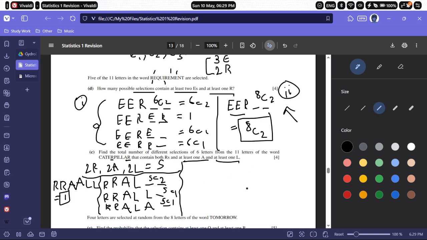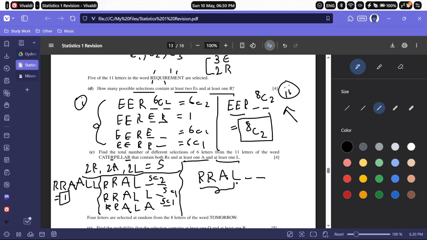Or we can use the same concept like we did in the previous question. They were telling you that the selection contains both R's, at least one A and at least one L. So you're just left with two gaps. Apart from these four letters, so 11 minus 4, which is 7, you're left with 7 letters.